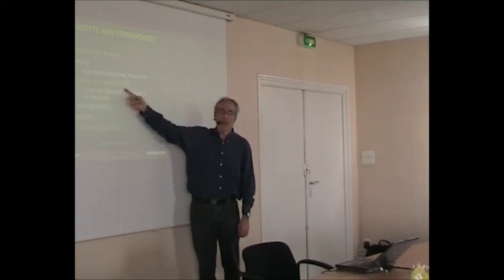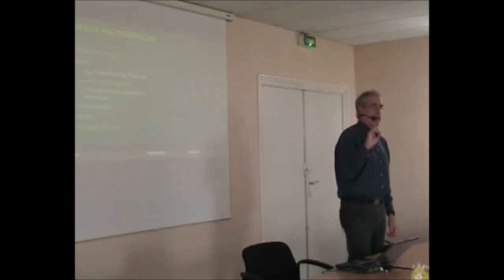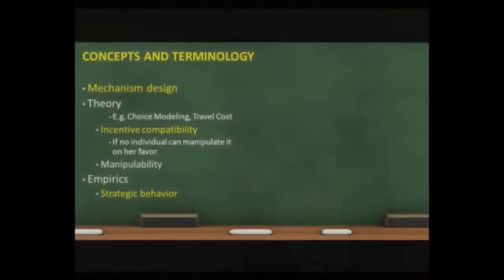A mechanism is incentive compatible if no individual, by misrepresenting his or her preferences, can take advantage of the social outcome of the mechanism, of the decision. So if even one single individual, by lying, by saying something different from the true preferences, can end up with a better result than by telling the truth, then we say this is not incentive compatible. It's manipulable.